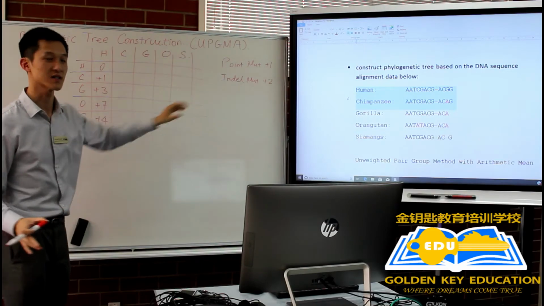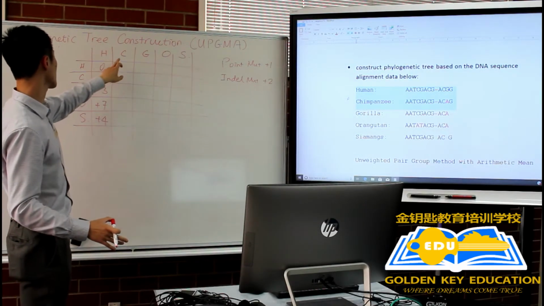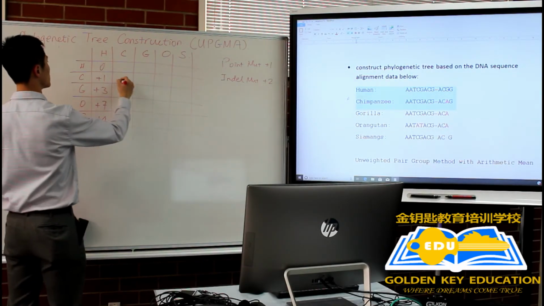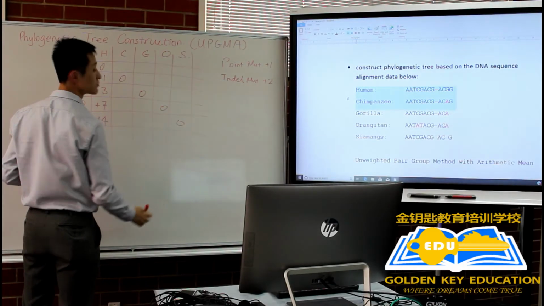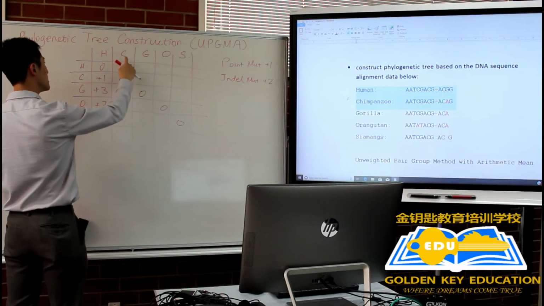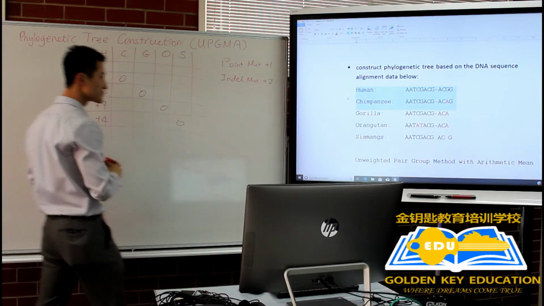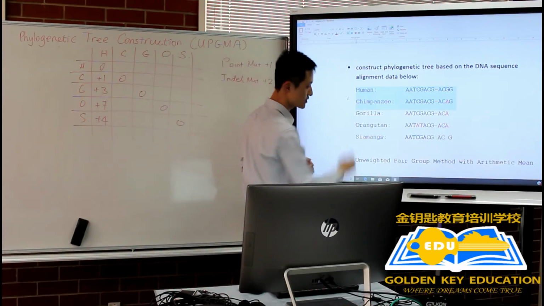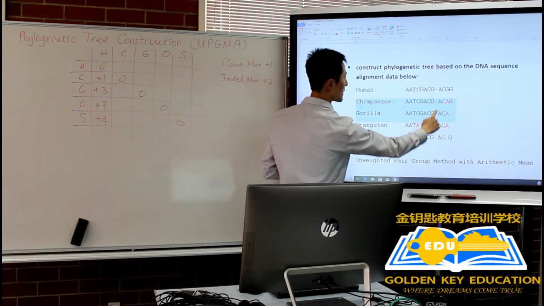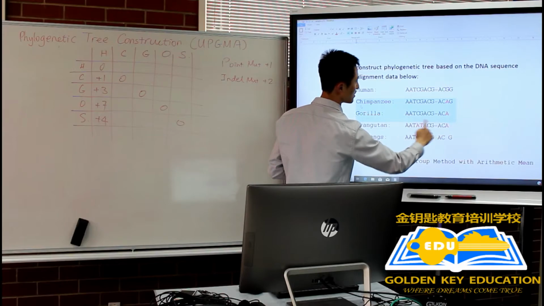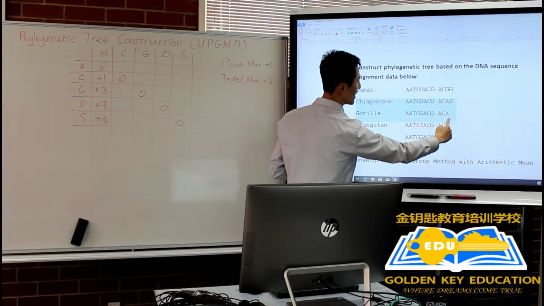We're just going to do pairwise comparison for all of them. So now we're looking at chimpanzee to chimpanzee, which is 0, and so the diagonal line is always going to be 0, and we wouldn't bother to compare them at all. So chimpanzee to gorilla, if we do that comparison right there, everything up to the A is the same, and in fact the A is the same as well.